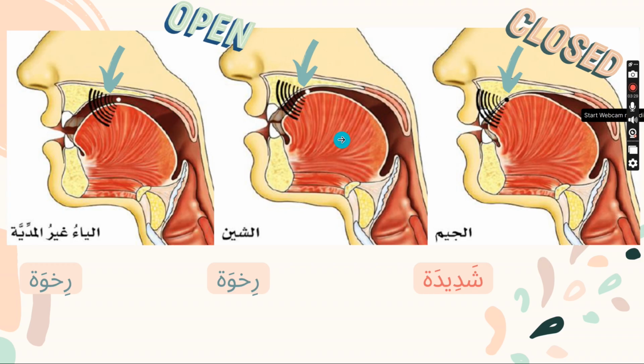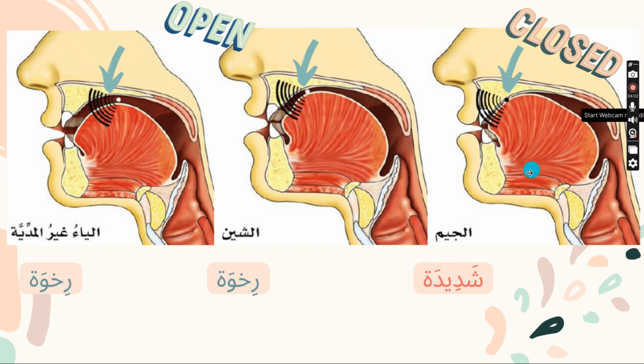But if we have a look at the Sheen and the Ya, and they exit from exactly the same place, the middle part of the tongue against the upper palate, what do we find? When we pronounce the Sheen and the Ya, we notice that the path is opened. There is an opening here, while it's closed here.